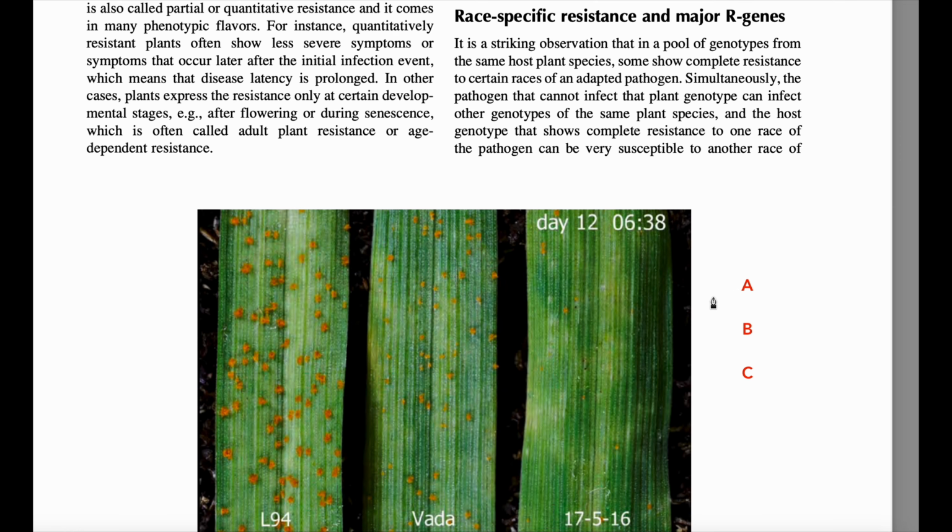Consider this example of Puccinia graminis tritici race A, Puccinia graminis tritici race B, Puccinia graminis tritici race C. And this genotype of host is completely resistant to race A. Even after that, it will obviously be susceptible against these 2 races of the same pathogen.